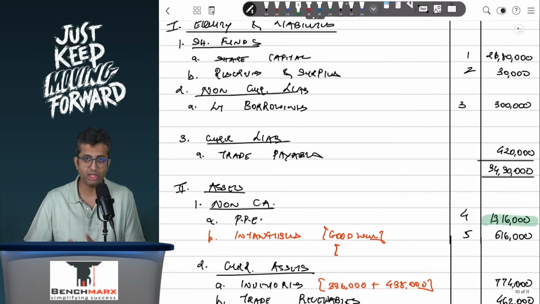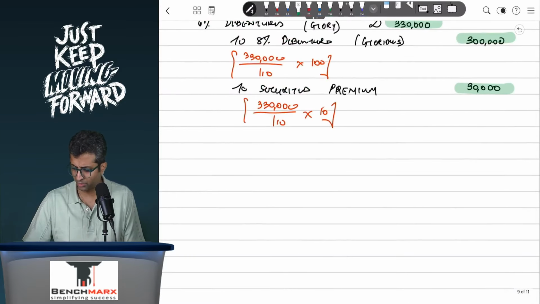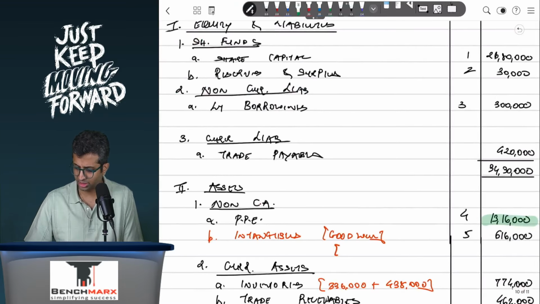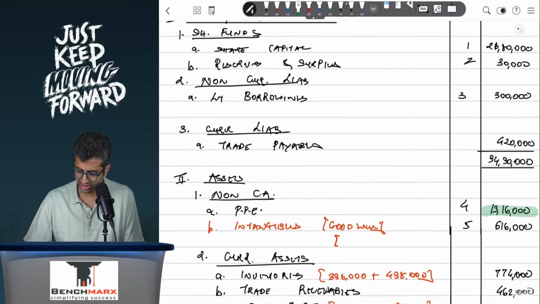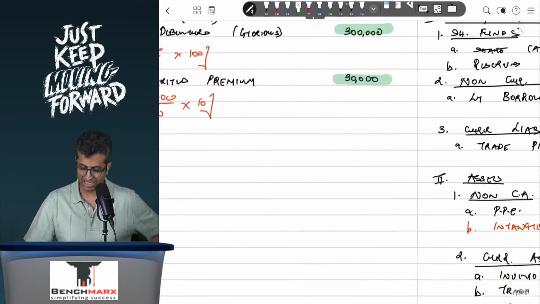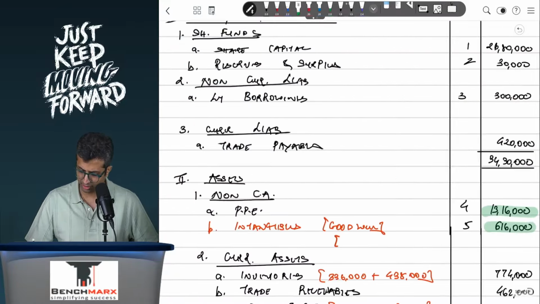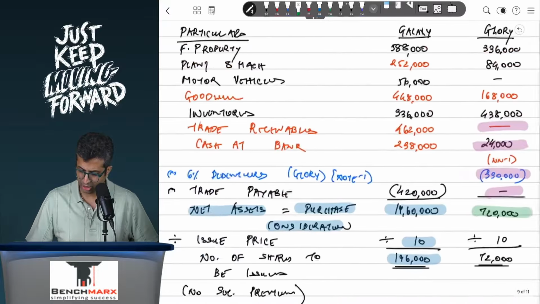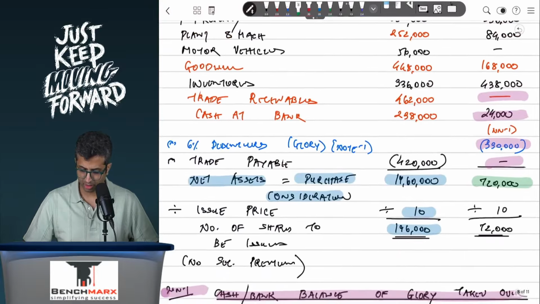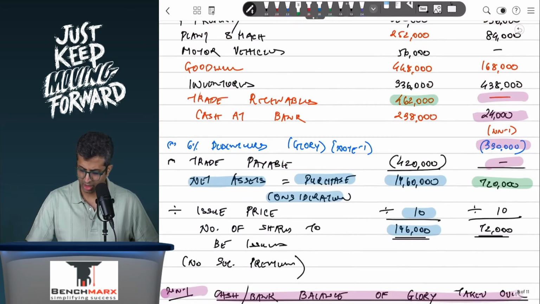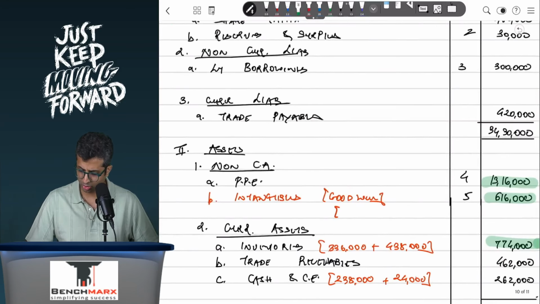Then goodwill would be the total of 448 and 168, so goodwill will be 6 lakh 16,000. Okay, next you will have inventories. Inventories will be the total of both 336 and 438, that is 774. And then you will have trade receivables. This is only 462. Cash will be 238 plus 24, which will be 262.